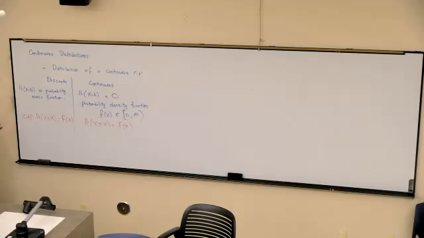But in terms of the graph, for a discrete random variable, F of x, what does it look like? You can look at your notes. It's a step function, right? And we want it to be right continuous.